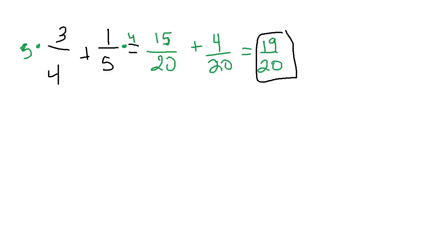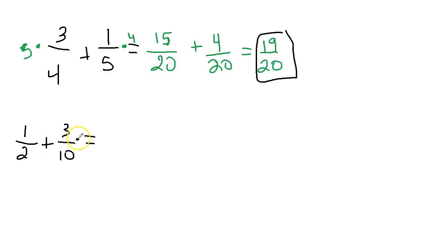Okay? Let's do one more. Let's do 1/2 plus 3 over 10. The least common multiple of this would be 10.